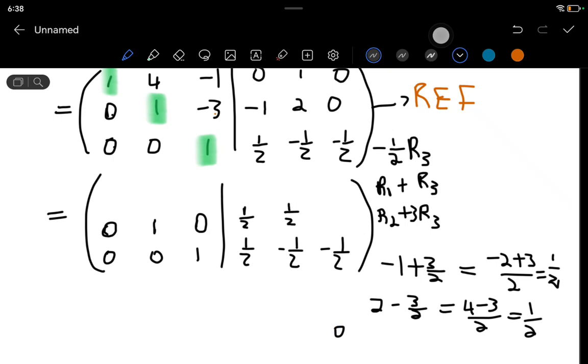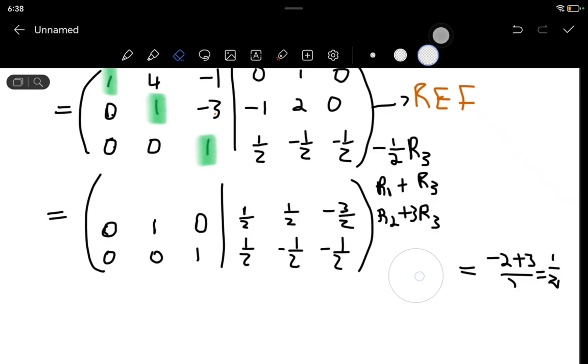This will be 0 plus, oh, it's going to be minus also. Minus 3 over 2. So this will just be minus 3 over 2. So now let's look at the first one, row number 1.